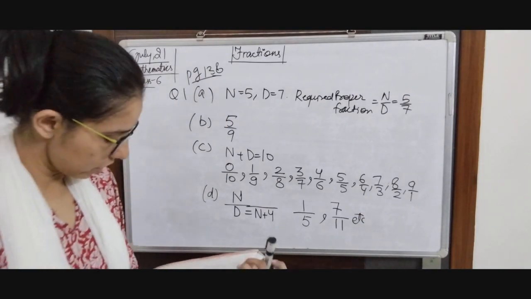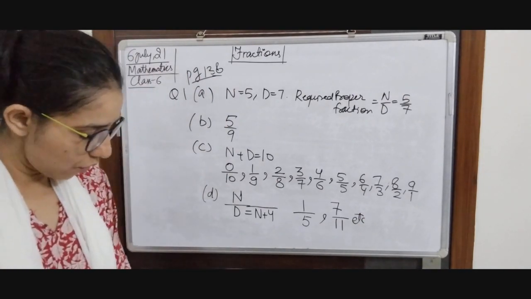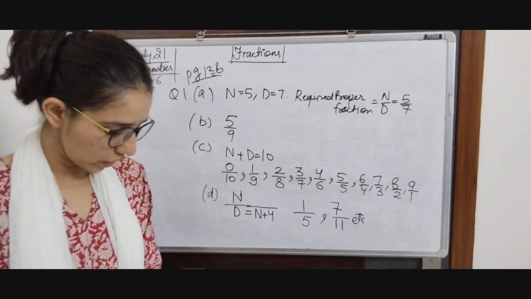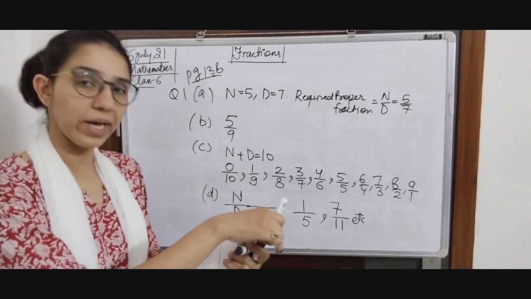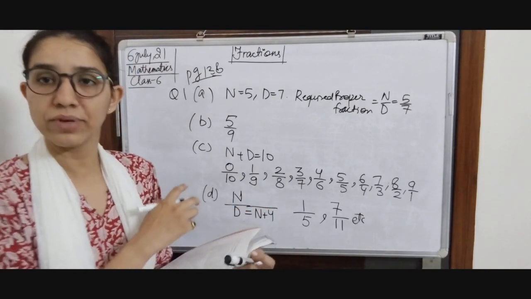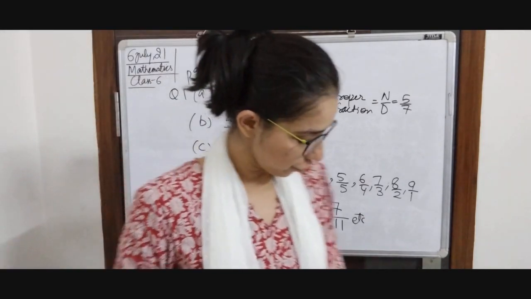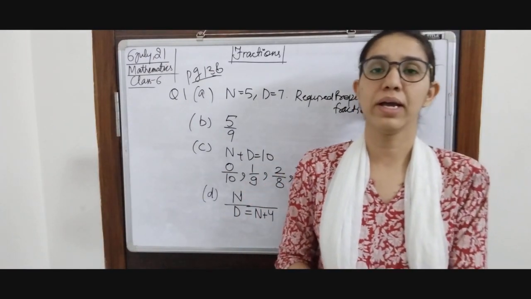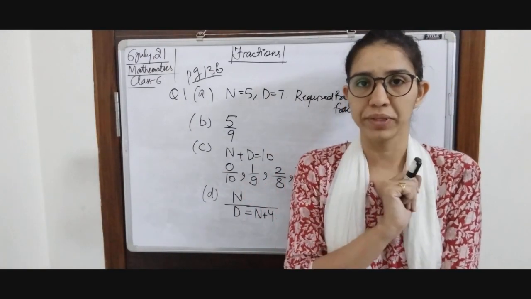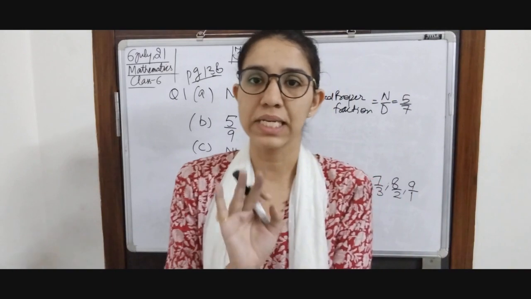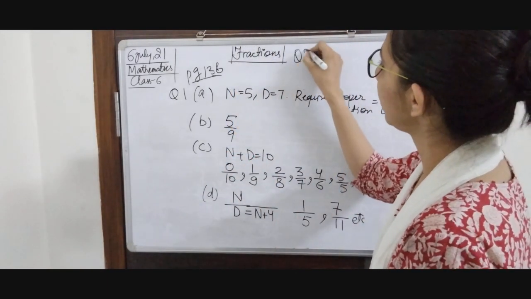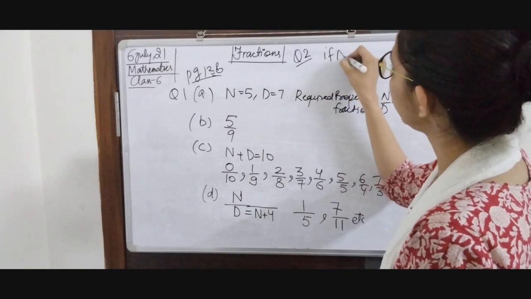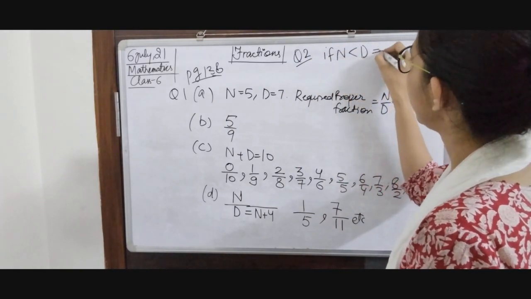Next is, if a fraction is given, how will you decide just by looking at it whether the fraction is less than 1 or equal to 1? Okay, how will you decide? We have discussed this earlier. Question number 2: if numerator is less than denominator, it implies the fraction is less than 1.